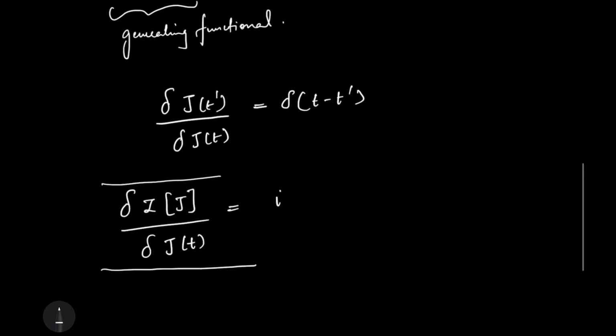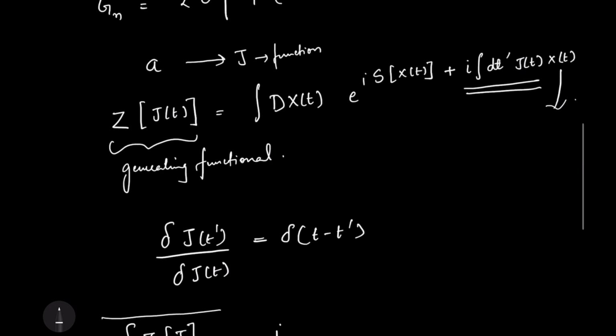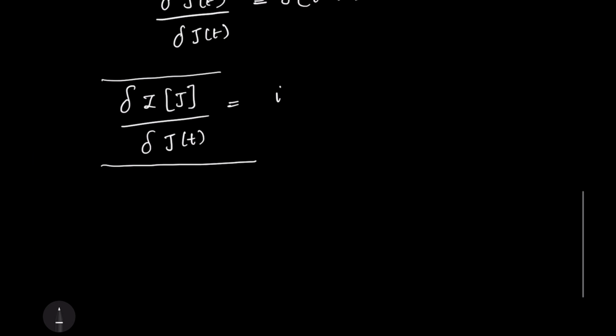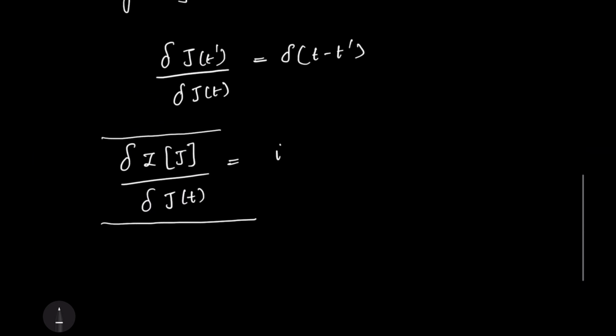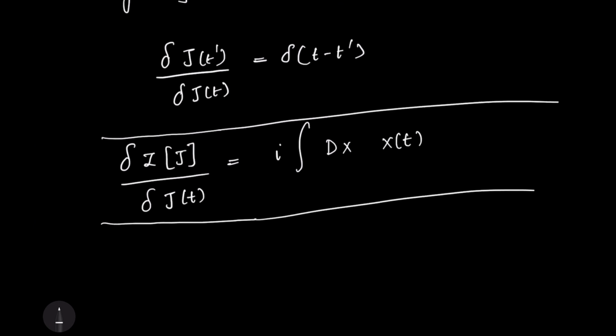This means the differential of Z of J with respect to J. So one i will come down, integral Dx, then x also will come down. If I am taking one derivative, then one x will come down. Then e raised to i S is as it is, plus integral J of t x of t.